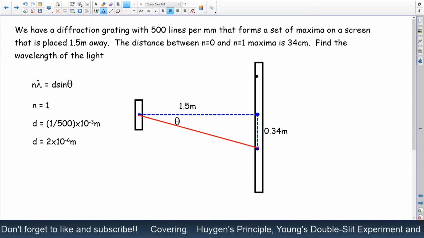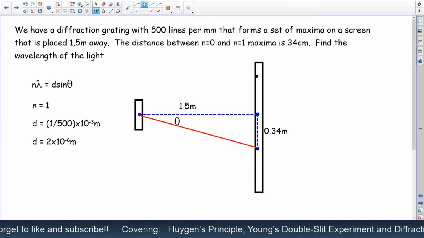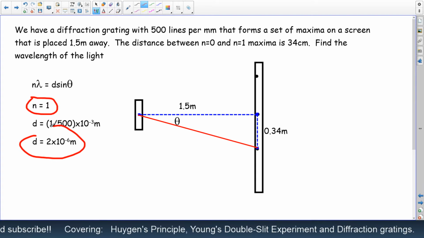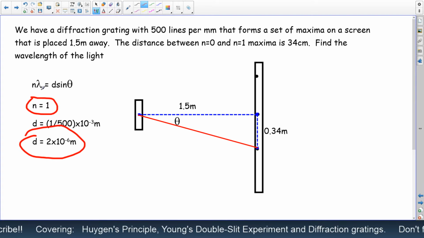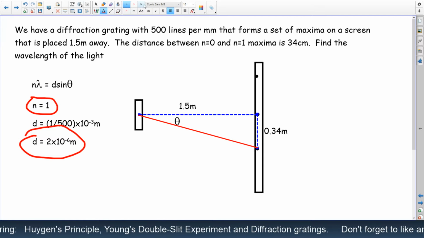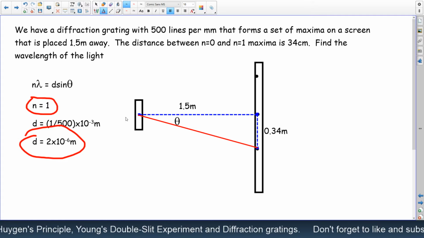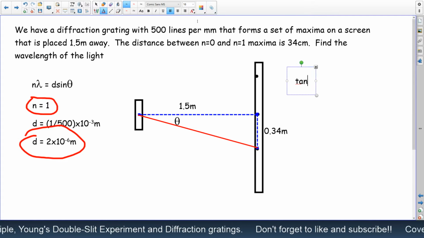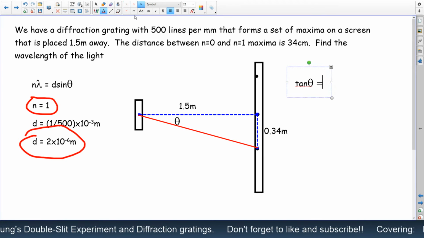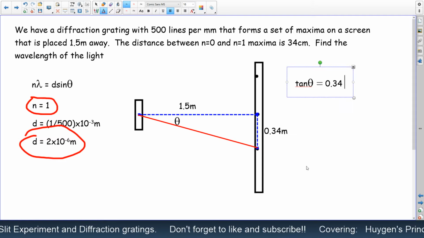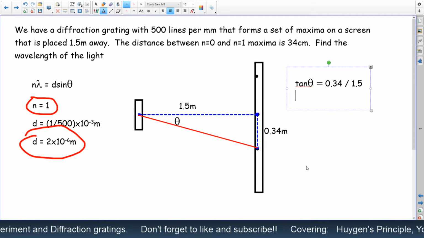Okay, so we've got n in the bag, we've got d sorted out. All we need to do is get theta sorted out, and we'll have a good setup for lambda. Finding theta is straightforward enough because we'll just use tan theta is equal to the opposite, 0.34, divided by the adjacent, which is 1.5.